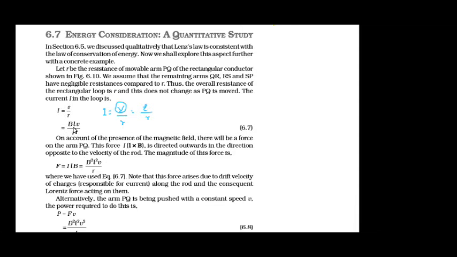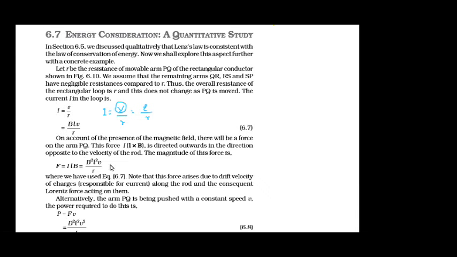On account of the presence of the magnetic field, there will be a force on arm PQ. The force will be I L cross B, directed in the direction opposite to the velocity of the rod.